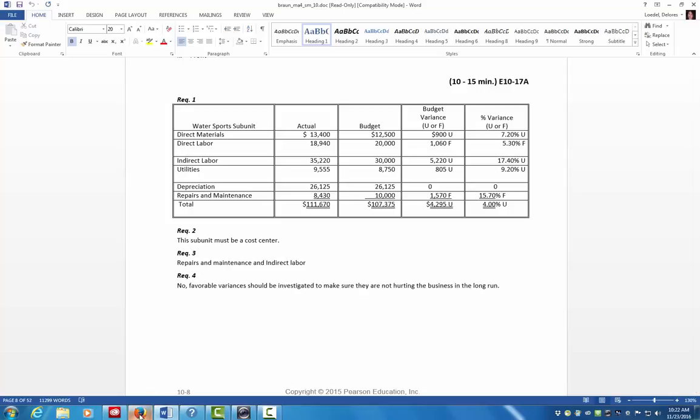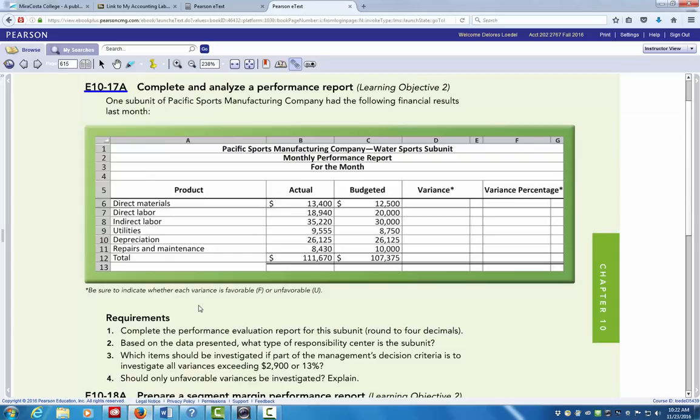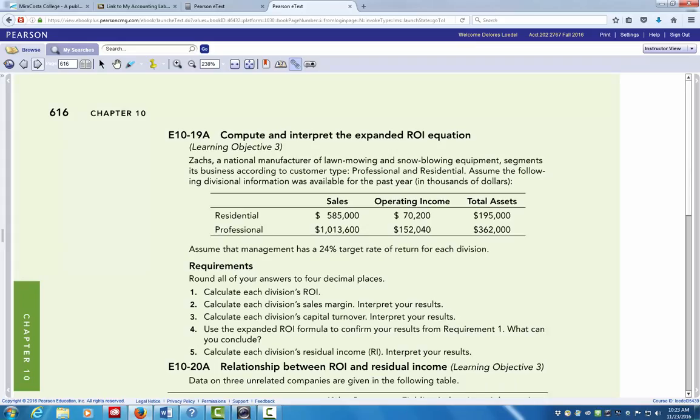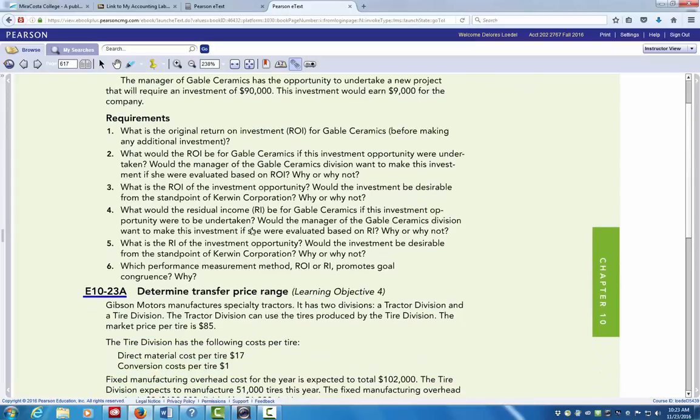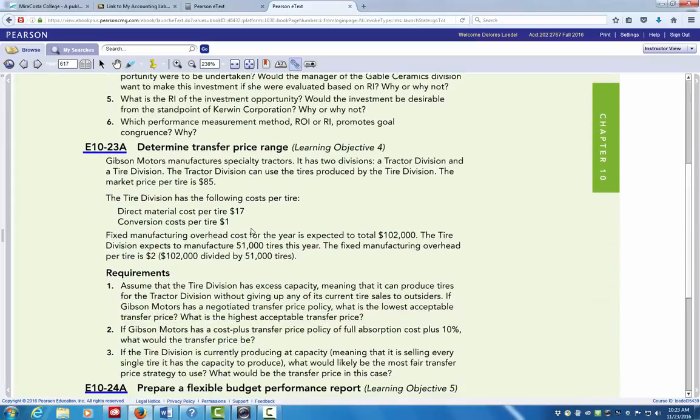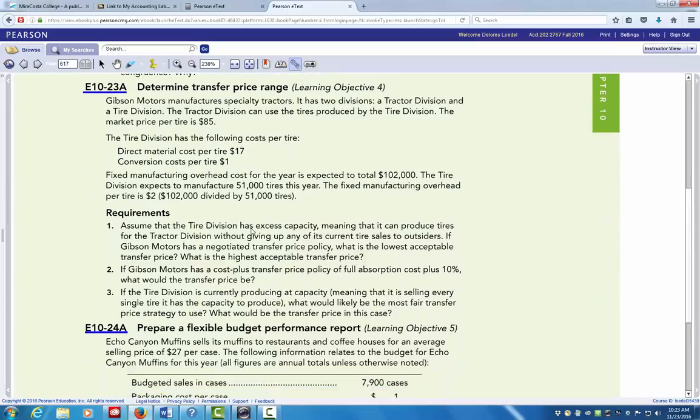Okay, let's look at the next question for learning objective number 4. The one I want to go through is exercise 23A. For this text, you can find that on page 617. But again, if this is a future chapter, a future class that has a different textbook, you can still use this problem to understand this learning objective.